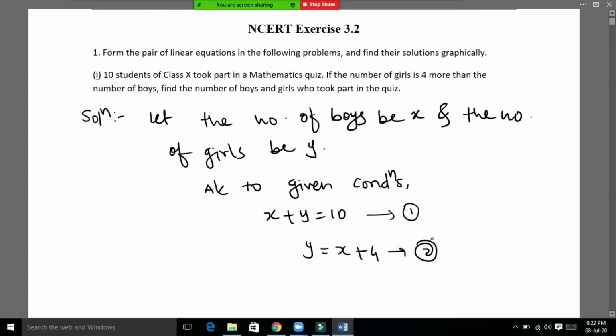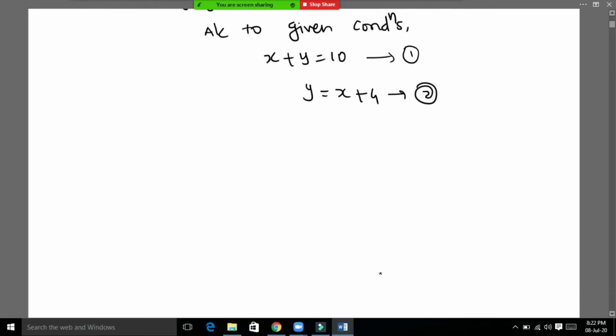Now we have to find the solution graphically only. We don't solve this by the methods of solving linear equations simultaneously. We just go by the graphical method. In the graphical method, we have to find 2 to 3 solutions for each equation, plot the points on the graph and draw the lines.